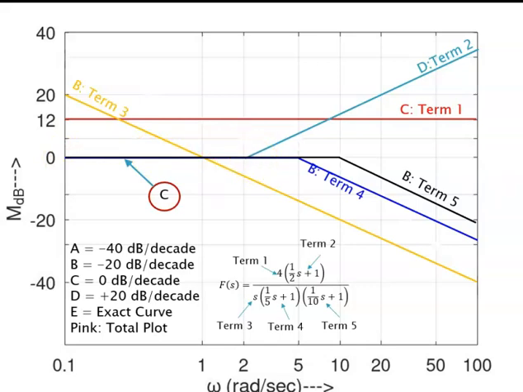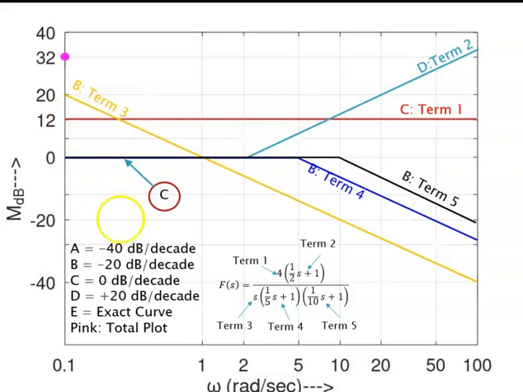Other term is 0 all the way up to 5 radians per second and 10 radians per second. So if you sum the contribution of each of these terms, there is 0 from term 2, term 4, term 5, and then term 1 contributes 12 dB, and term 3 contributes 20 dB. So 20 plus 12, 32. Let us show that.